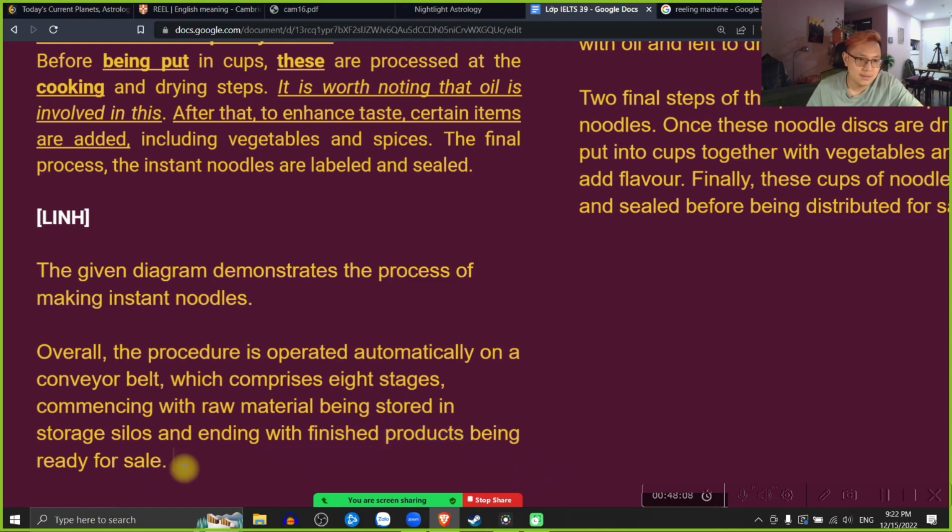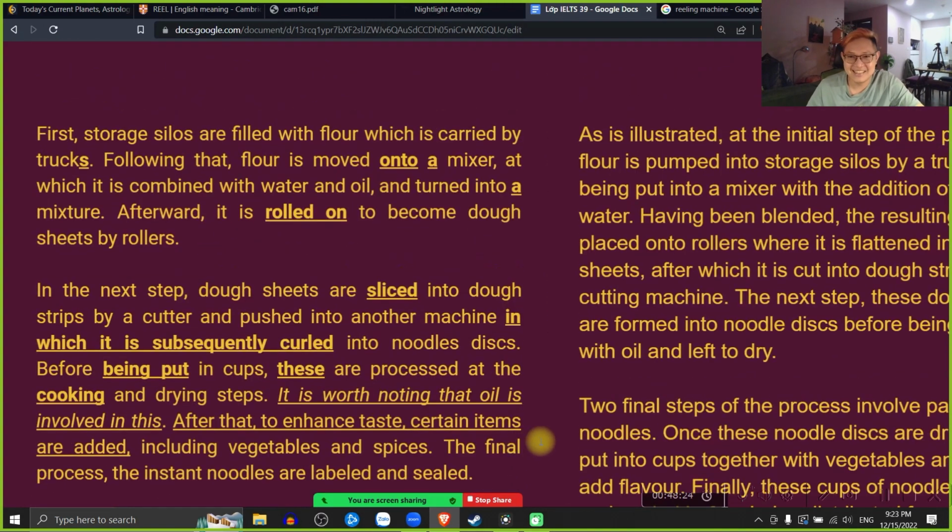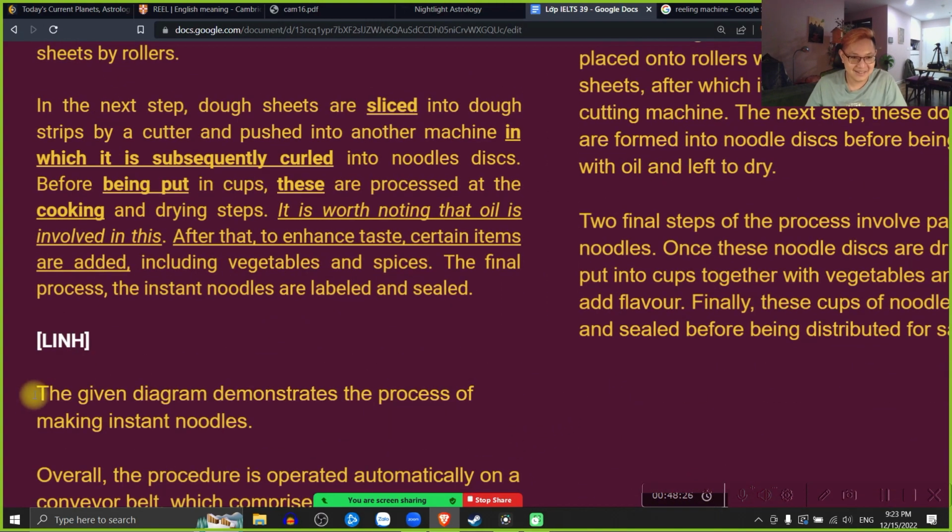Ready for sale. Of course, why would I make noodles? Of course, people produce instant noodle to sell, unless you are working for a charity.